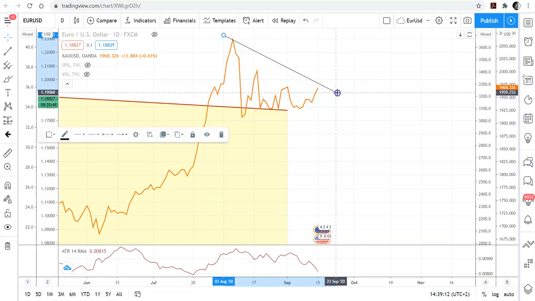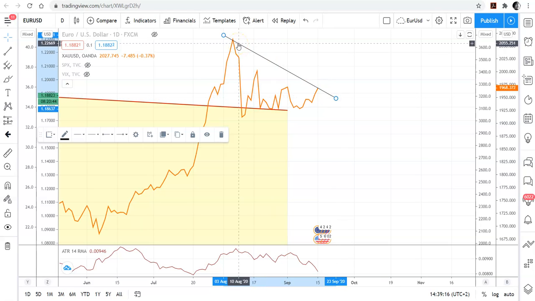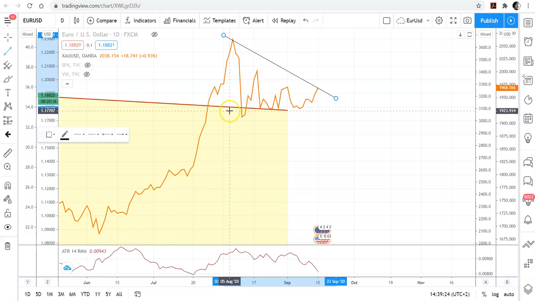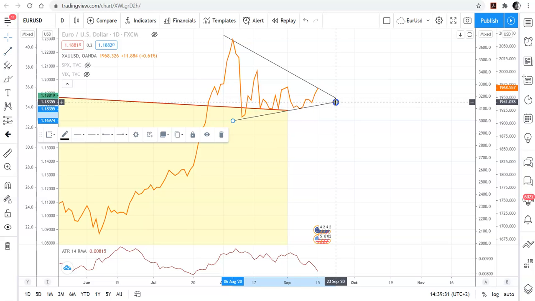that gold has sort of formed a wedge, and that wedge essentially is telling us that we are going to have a break. Now, what that break will look like, nobody really knows, but essentially, you can see we are converging. So the bottom is rising and the tops are converging.